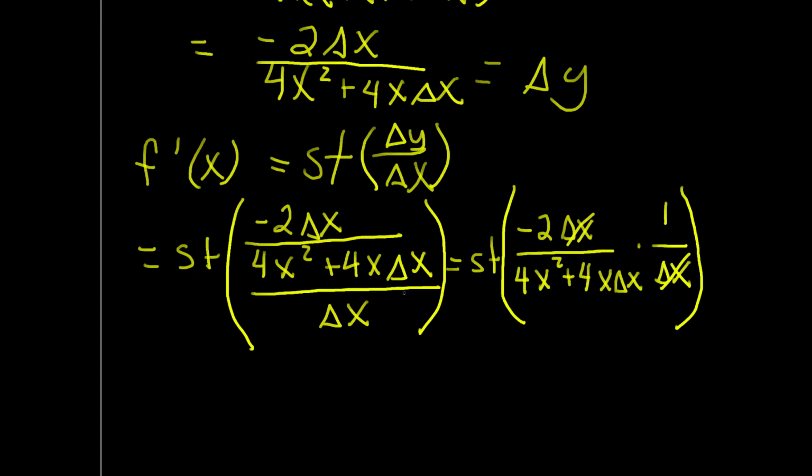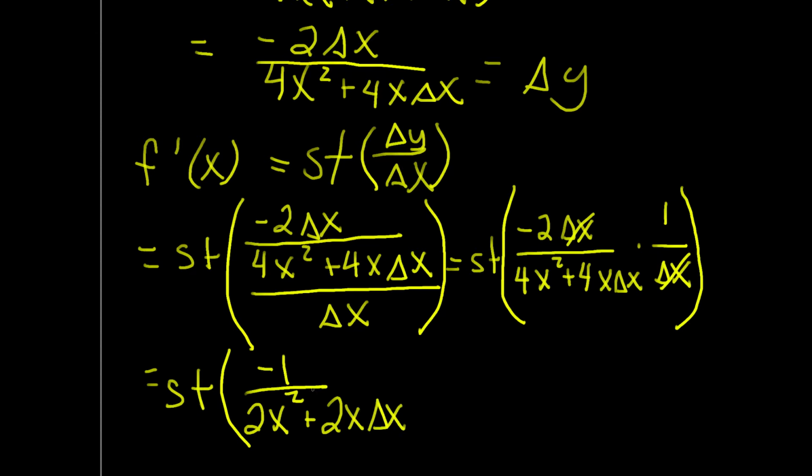And so this ends up being equal to the standard part of negative 1 all over 2x squared plus 2x delta x.